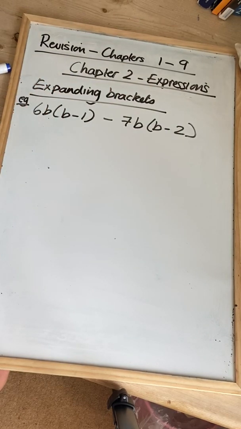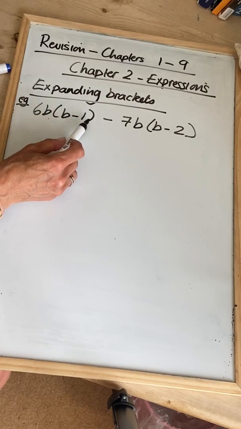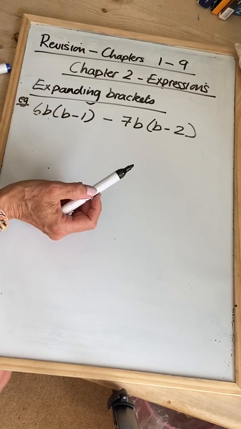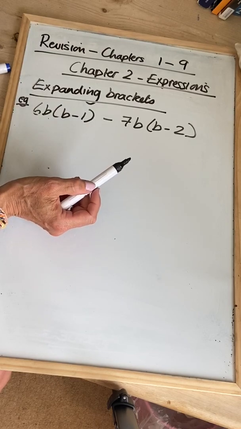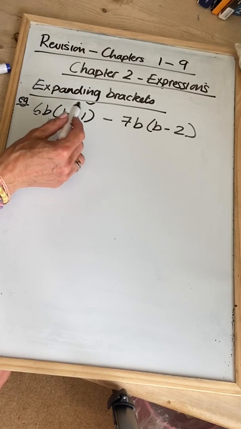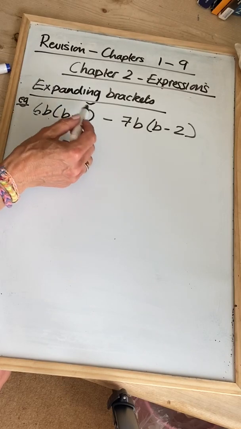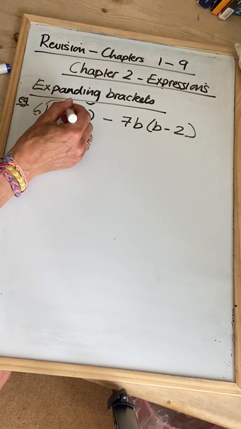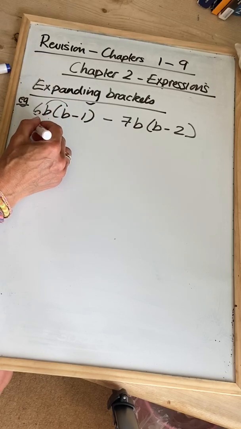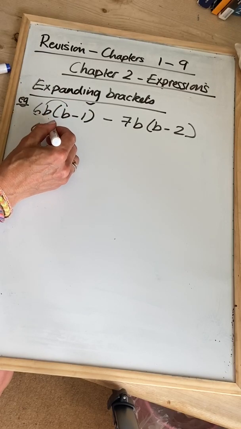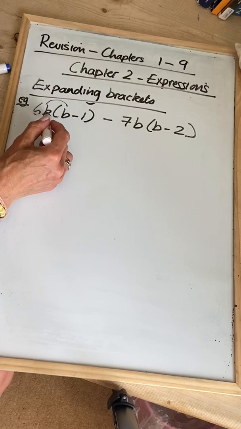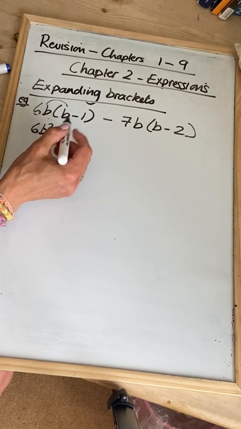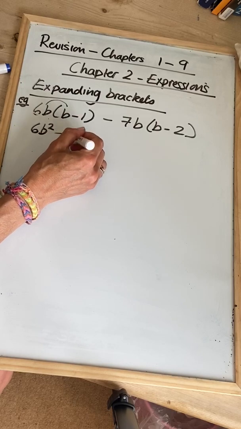So if we're expanding in a single bracket, we are multiplying the thing on the outside by each of the things on the inside, okay? So we're going to work with this term here first. This 6b times b. b times b is b squared, the 6 stays, so 6b squared. And then the 6b gets multiplied by the minus 1. 6b times minus 1 is minus 6b.